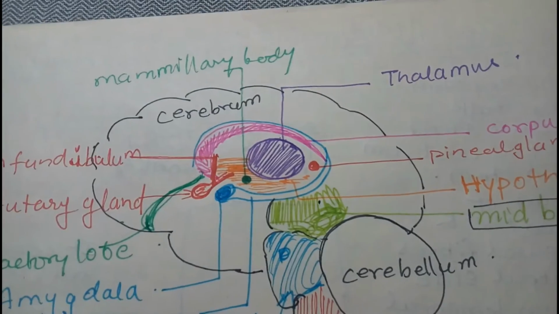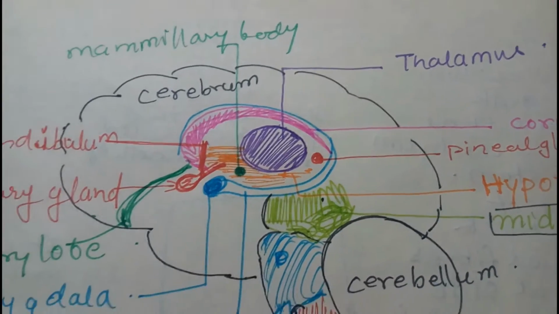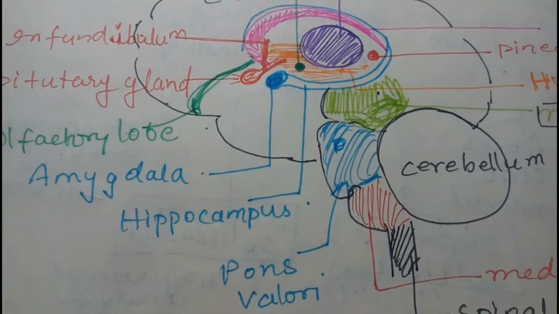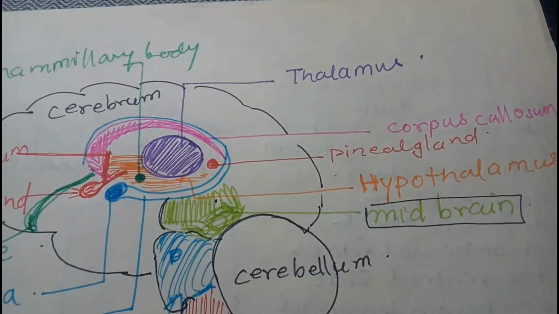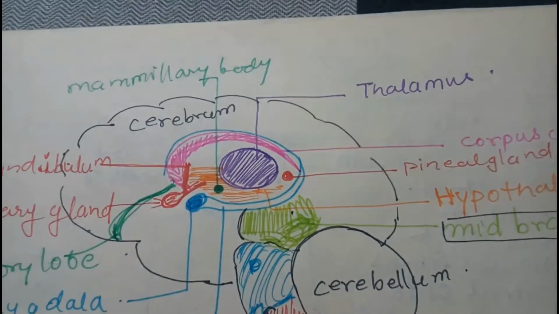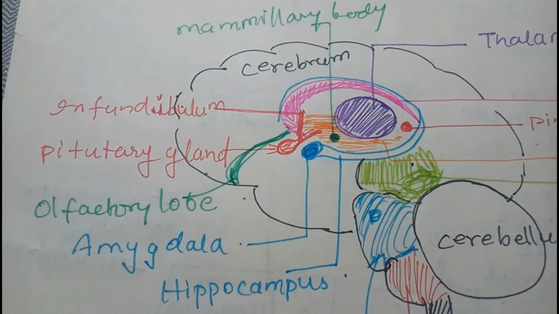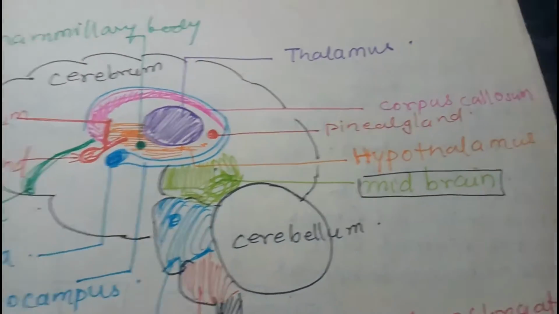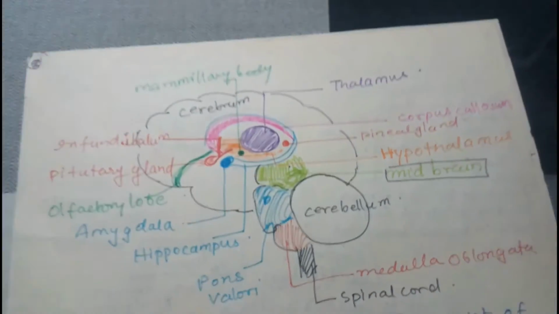Then you will find the thalamus, and below the floor of the thalamus is the hypothalamus, shown here in orange color, and the pineal gland, which is part of the epithalamus. Then the mammillary body, the infundibulum and pituitary gland, and the olfactory lobe, which is part of the forebrain. All portions of the midbrain hide over here. So this is how it is organized.